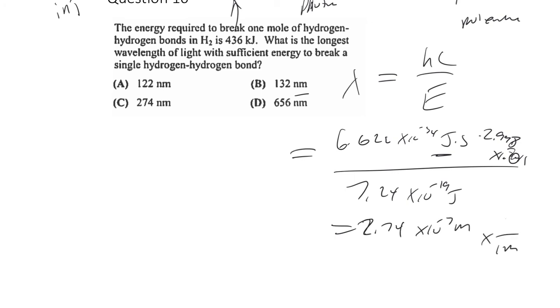And then 1 meter is 10 to the 9 nanometers, so times 1E9, 274 nanometers. So 274 nanometers contains the proper energy for the bond.